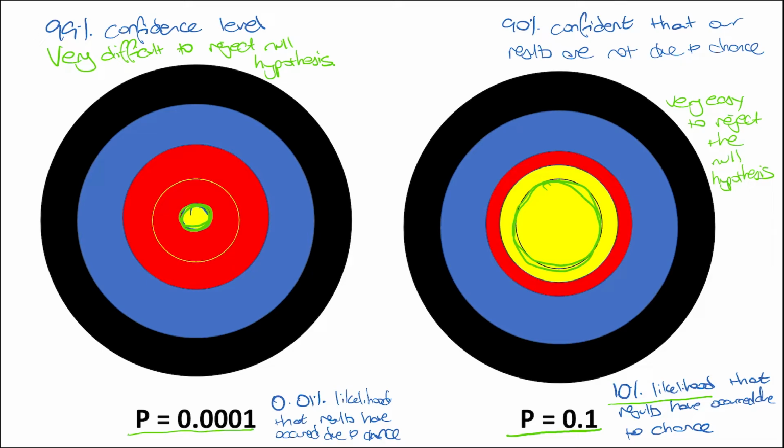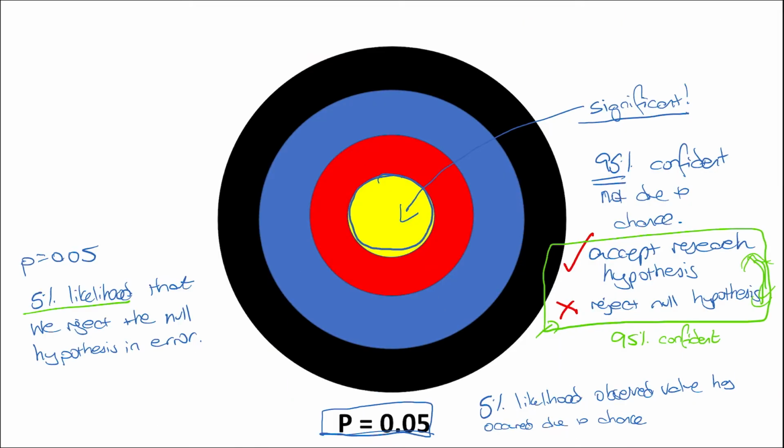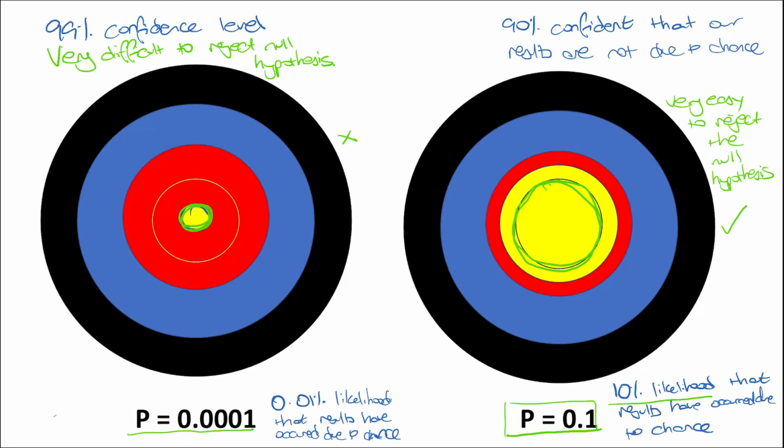So we're much more likely to claim statistical significance with a very lenient p-value than we are with a much stricter p-value. So why 0.05? Well, it strikes a balance between making it too challenging to find a statistically significant result, too challenging to reject the null hypothesis, and too easy to reject the null hypothesis.